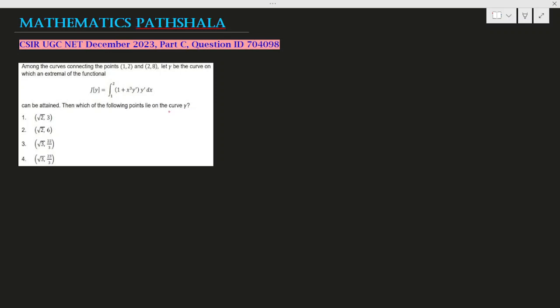So here our goal is to find those points from these given options which lie on the curve gamma. So let us take f of x, y, y dash is equal to (1 plus x cube y dash) into y dash.